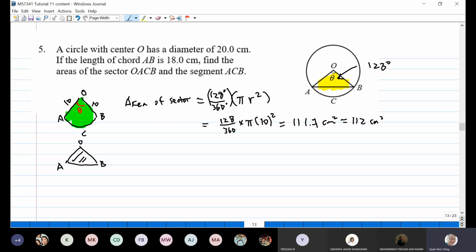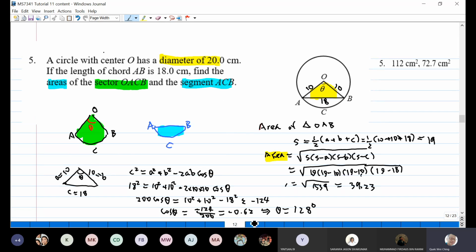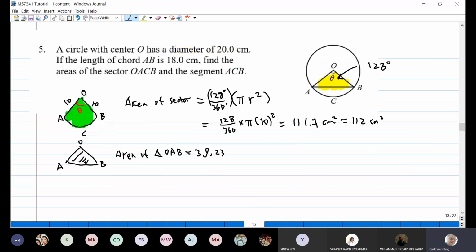This area here is the area of triangle OAB, which is 39.23.